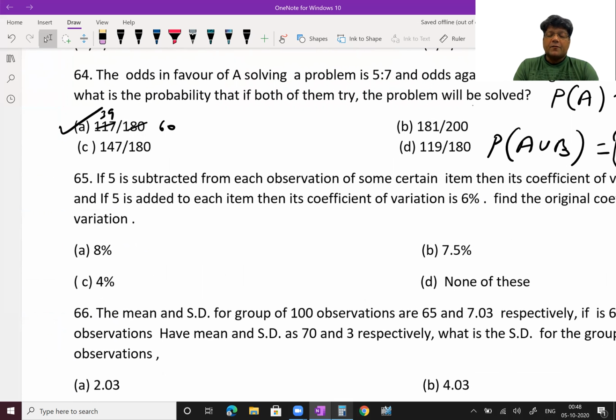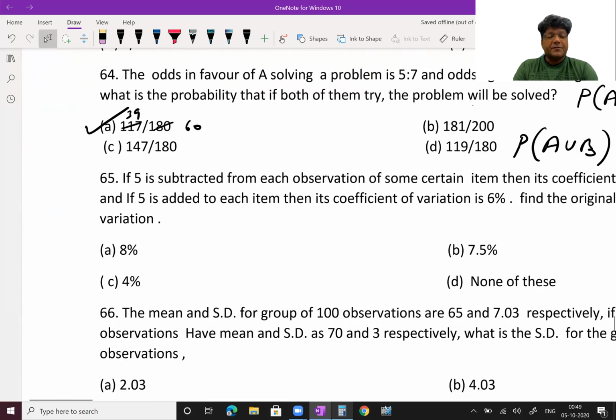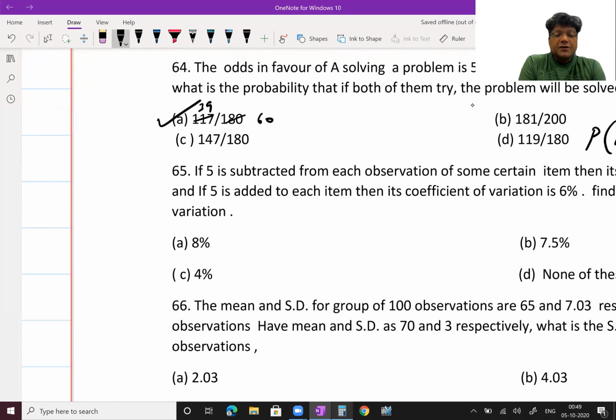5 is subtracted from each observation, then its coefficient of variation is 10%. So original is what? Standard deviation of x by x bar into 100. This is the original coefficient of variation. But now what has happened? You are doing 5 plus the original observation, 5 plus x.